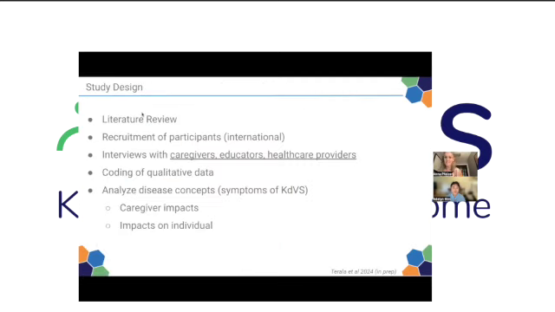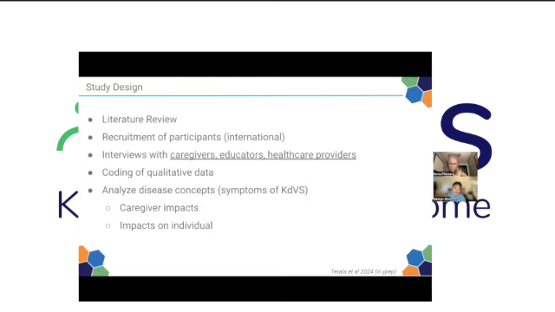Okay, finally. All right, Adalyn, now explain sort of what is involved in all of this work. Okay, this is the brief overview of our study design. So we're starting from the literature review. This is where we are currently at. And then recruitment of the participants for the interview.